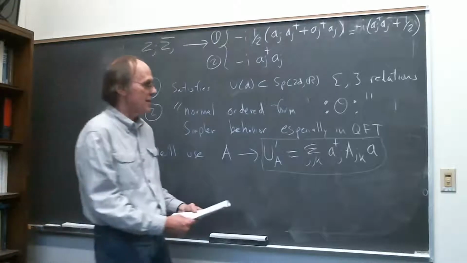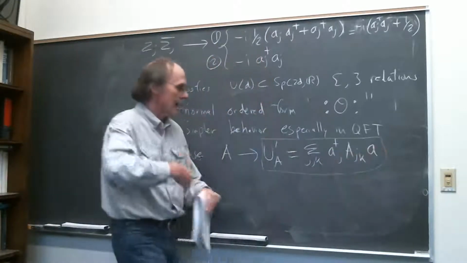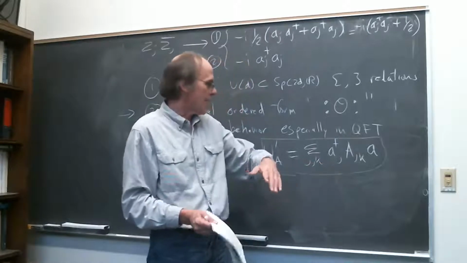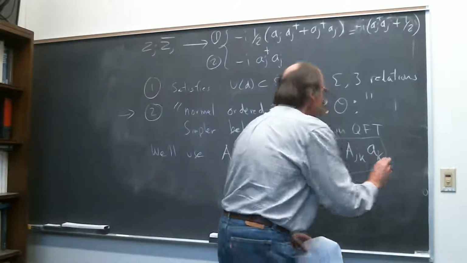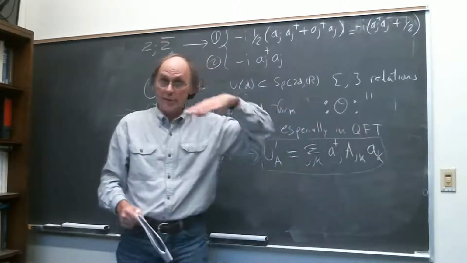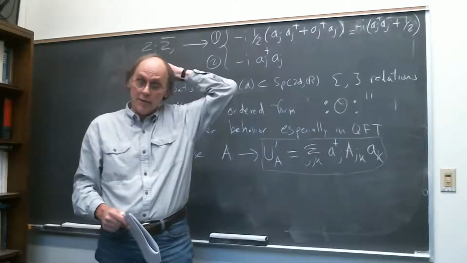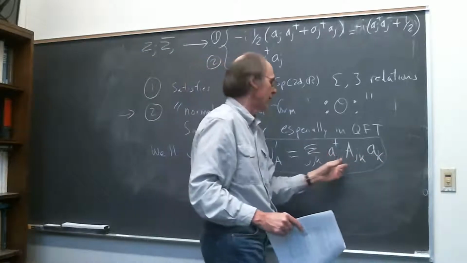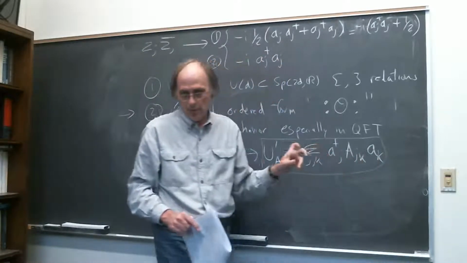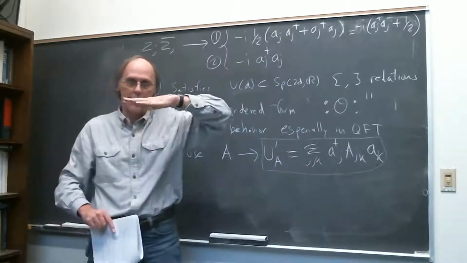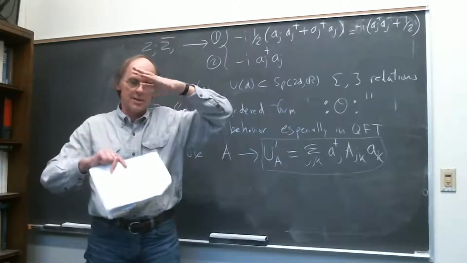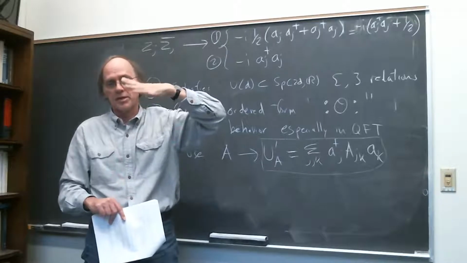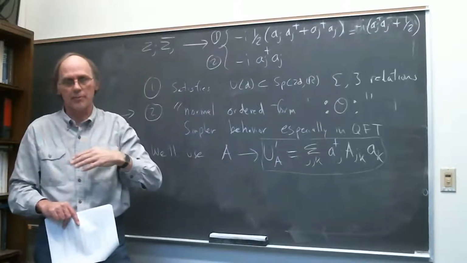Okay, and what these things do is they act on the Fock space, which you can think of as the state space of the D-dimensional harmonic oscillator. They preserve the total number of quanta, so they move you around the states with a fixed number of quanta, which corresponds, with a standard Hamiltonian, to a fixed energy.